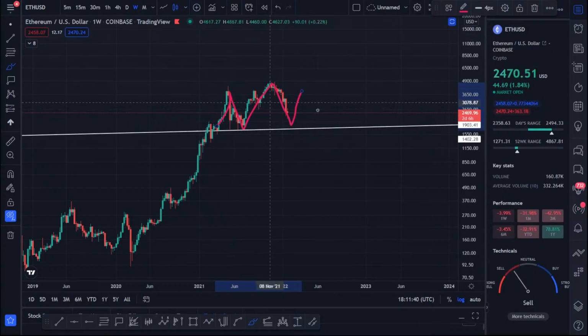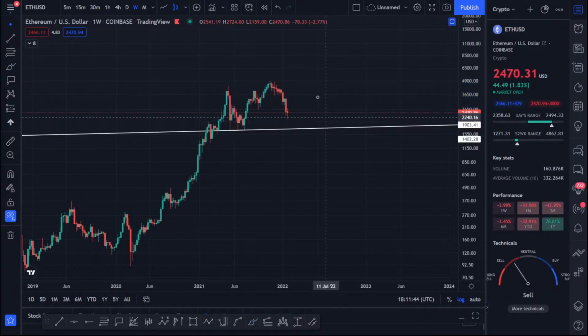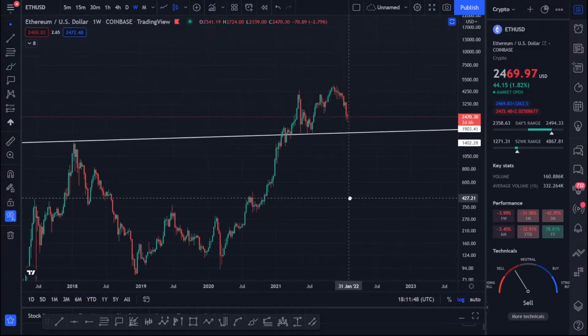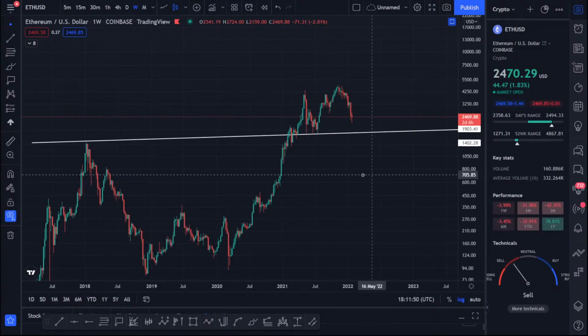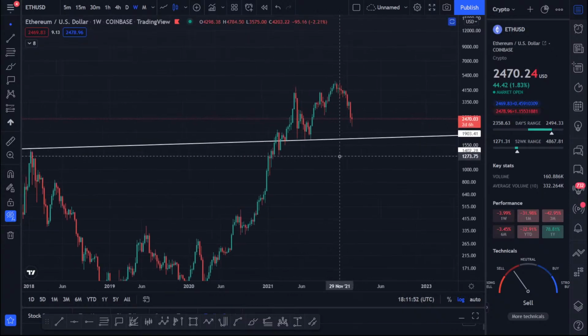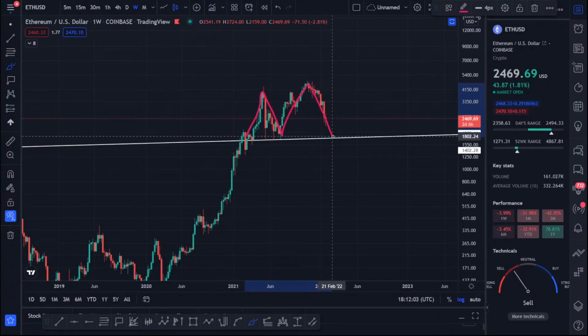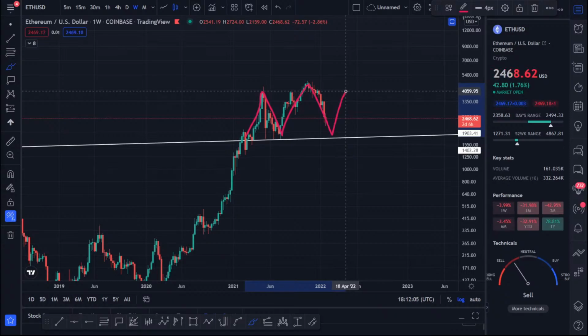Now, if you look at Ethereum, I can tell you something: probably the bull run is not over. The reason I say that is because Ethereum can give us this signal. This is a left shoulder, this is the head, and this can be a potential right shoulder.